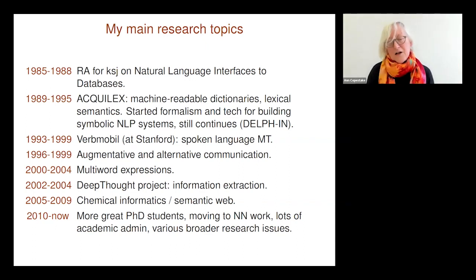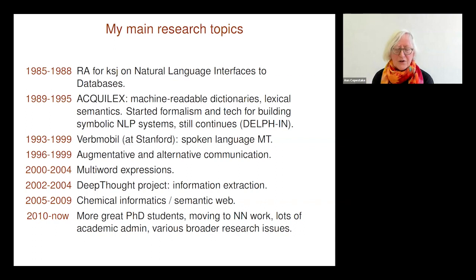As I said, in the last few years, I've mostly been working with PhD students. I've done a lot more neural network work and lots of academic admin. So that's brought me into various broader research issues, including the way that natural language processing interacts with the rest of computer science.